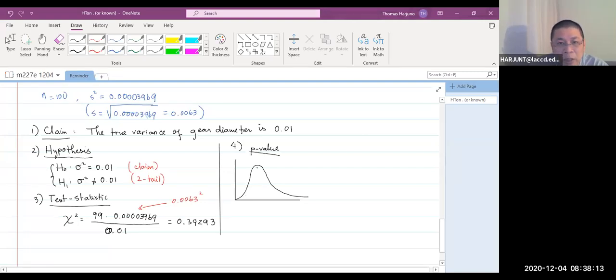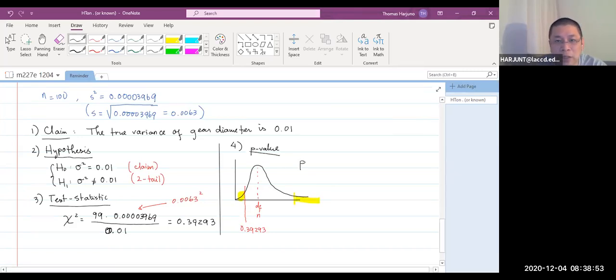The peak here is equal to the degree of freedom. I'm not really clear if it is equal to the degree of freedom or the sample size precisely. I don't remember. But we know that the degree of freedom is approximately 99 or 100, right? So 0.39293 must be on the left-hand side. Now I need to find the area of the tail and then double it.